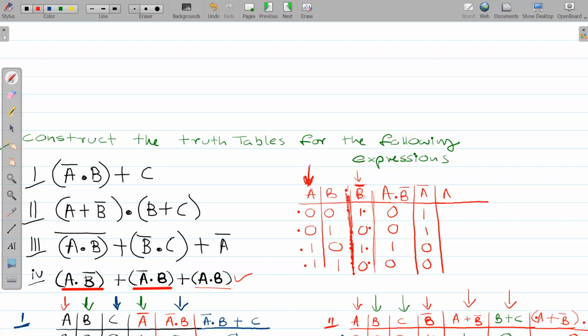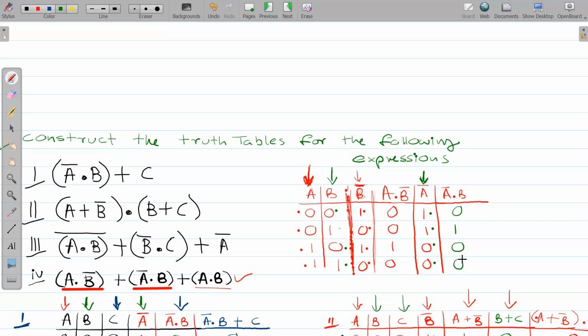And then A bar dot B. Now A bar dot B can be taken by referring to this as well as this, which we newly created. So the multiplication again happens 0 into 1, 0, 1 into 1, 1, 0 into 0, 0, 1 into 0, again a 0. Right?